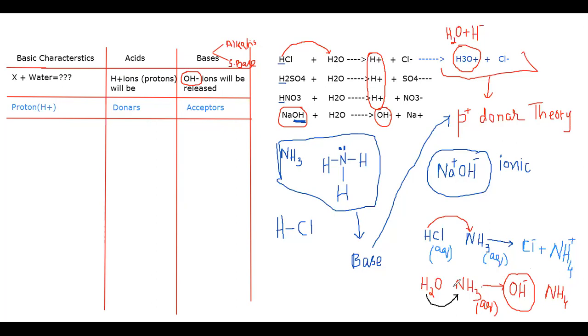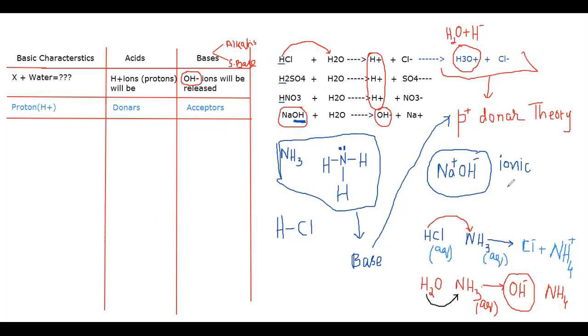So we can say that according to that concept, acids are the hydrogen ion donors, and bases are the hydrogen ion acceptors. In both cases, ammonia is also enabling the chemical reaction to release the hydroxide ion, but in that case it is also receiving the hydrogen ion, like in this one.